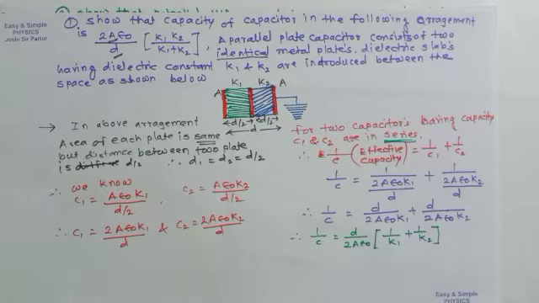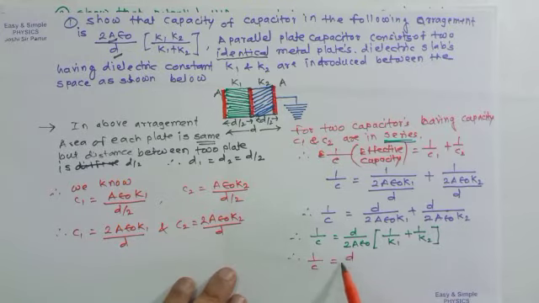If we do cross multiplication, we can write 1 upon C is equal to D upon 2 times A epsilon 0 in bracket K2 plus K1 upon K1 K2.